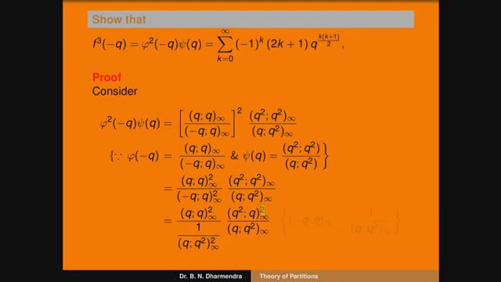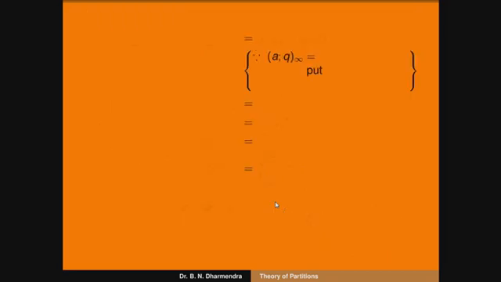Here we cancel the square term and this (q²;q²)∞ gets cancelled and goes to the numerator, so it can be written as (q;q)∞ whole square into (q;q²)∞ (q²;q²)∞.